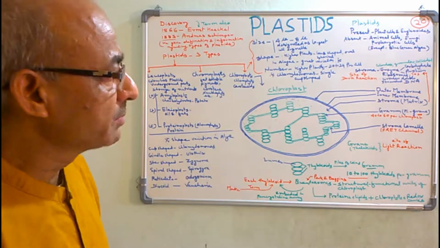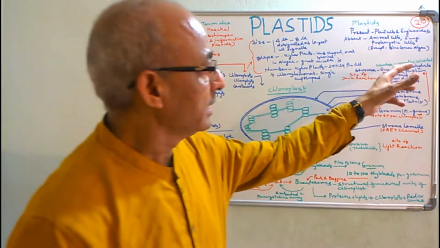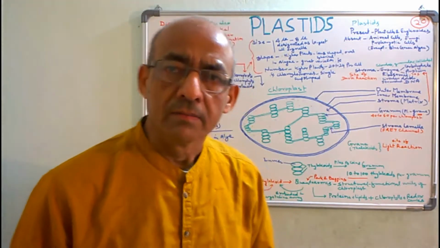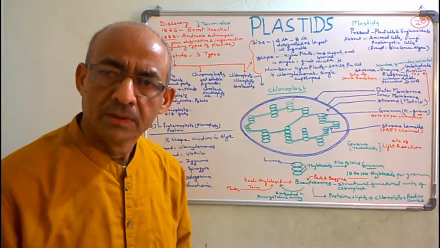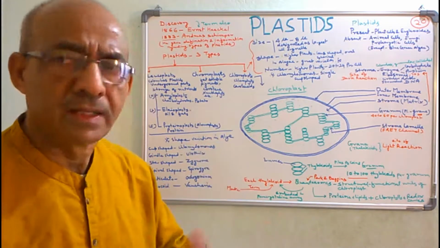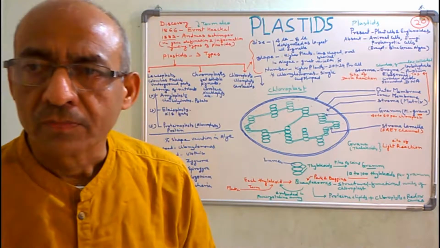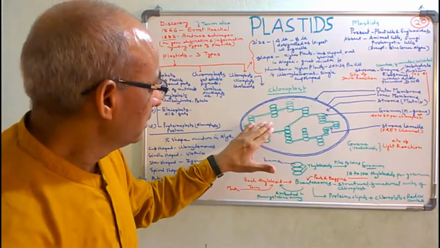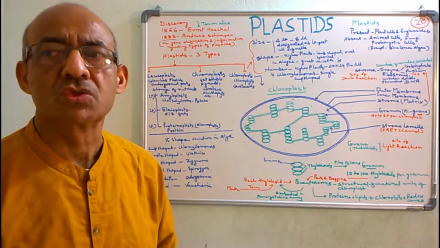In that space, a colorless granular colloidal substance is found. That is the matrix. Its another name is stroma. That ground of the matrix is called the stroma.